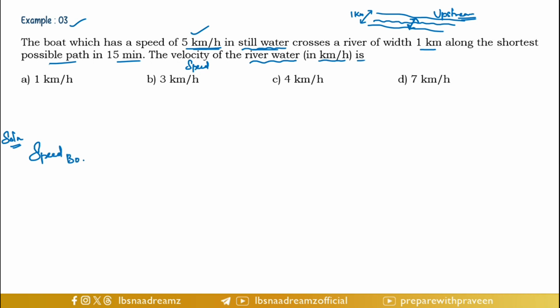Speed of the boat is distance by time. So distance by time is equal to 1 by 15 minutes. Here we have 15 minutes, but the answers are in kilometer per hour, right?